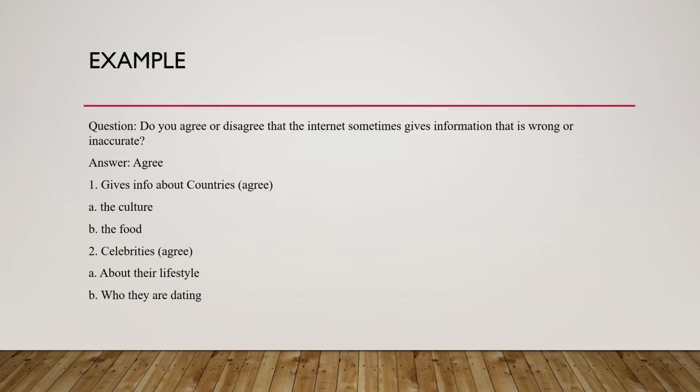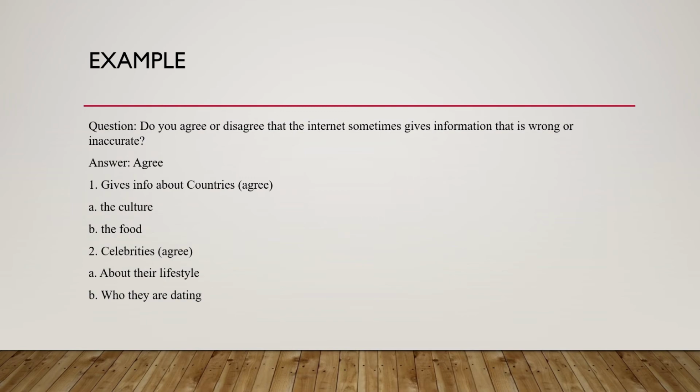Here I have agreed to the question. In the first paragraph you will be writing your intro, and in the second paragraph you will be giving your overview. The third paragraph gives information about the country, and the fourth paragraph is about the celebrity, and the fifth one is the conclusion.